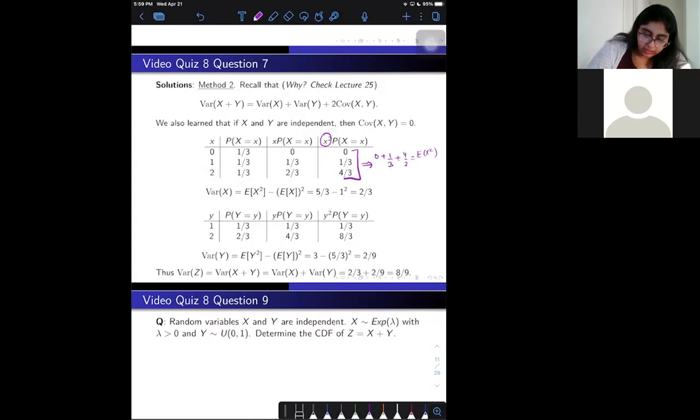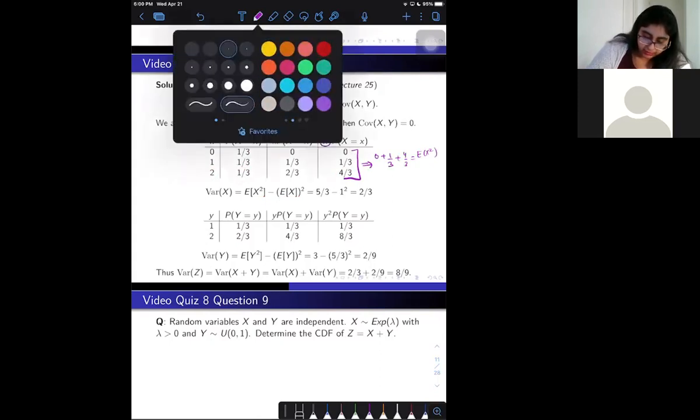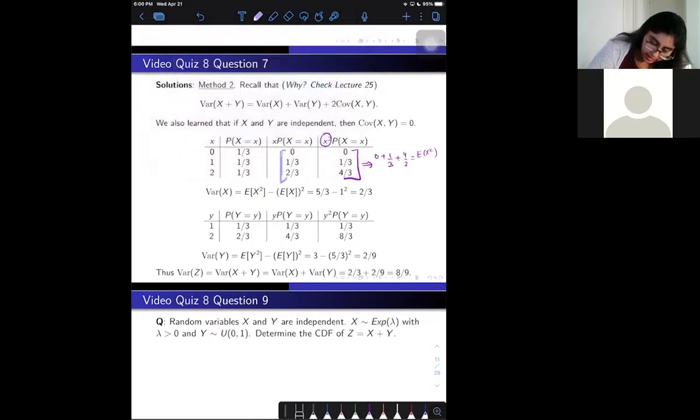And if we add these values, 0 plus 1/3 plus 2/3, this is the expected value of X. So we took the expected value of X squared, which is the sum of these three, so it's 5/3, minus the sum of this, which is the expected value of X, 3/3, which is 1, so 1 squared, and we get 2/3 right here. So we found the variance of X. Okay.